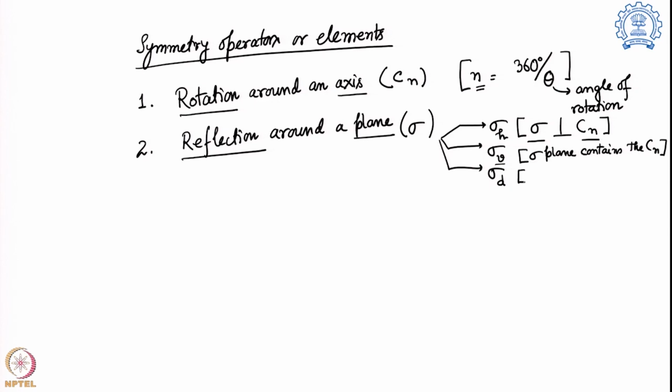Then sigma d is a special class of sigma v. So, sigma d and sigma v are the same with respect to where the sigma plane stands with respect to the principal axis Cn.